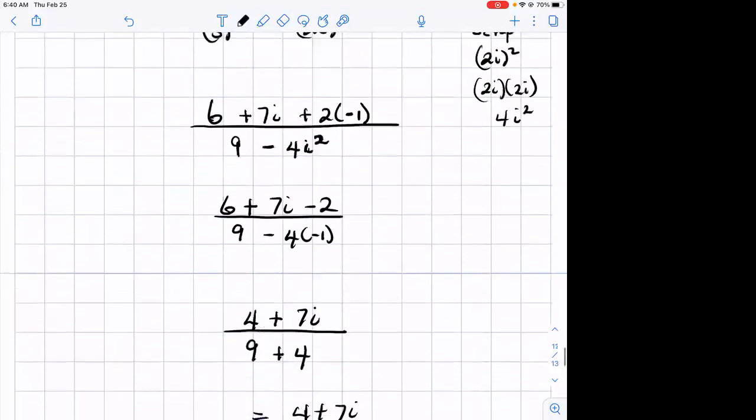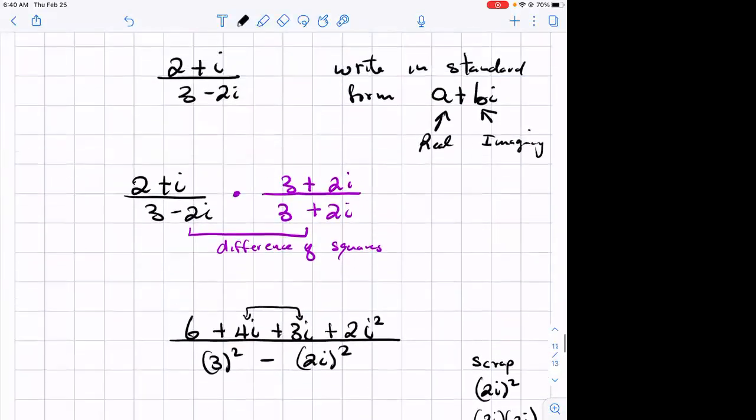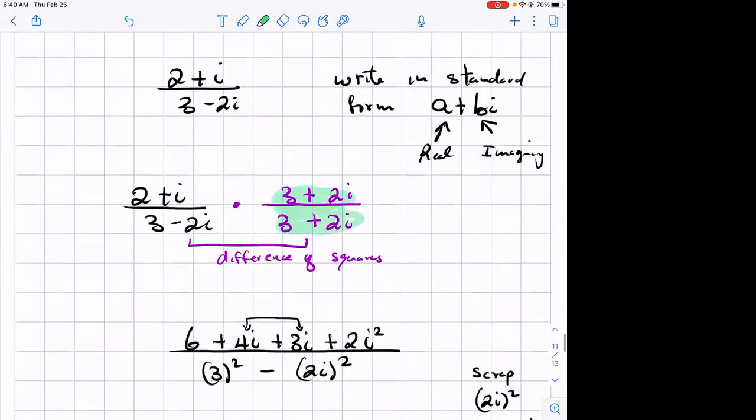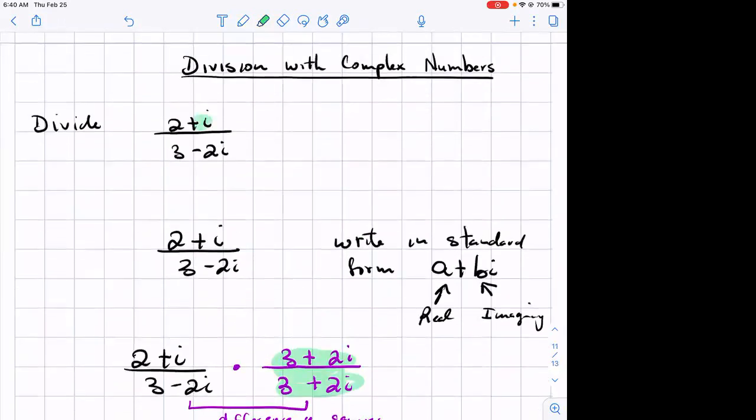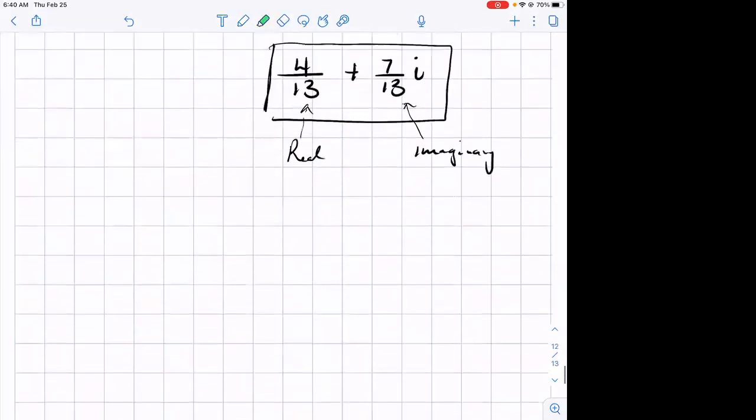Now, not in all cases will you have to multiply by the conjugate. We had to because there was no way to separate these i's from this. Cannot be done. And every problem is different.